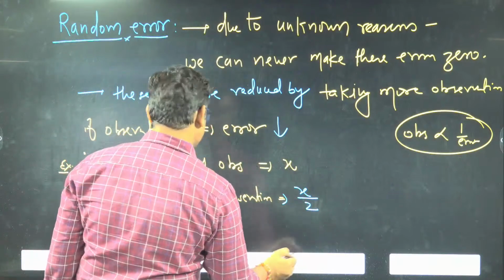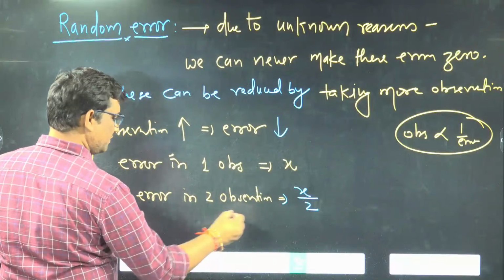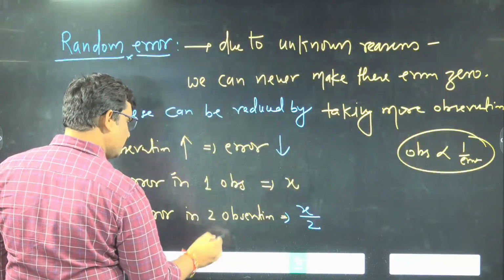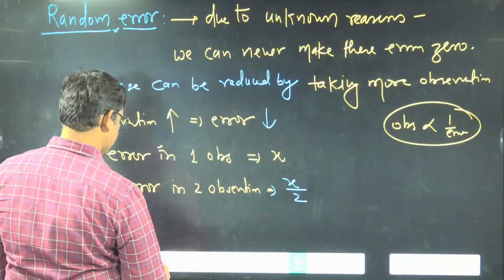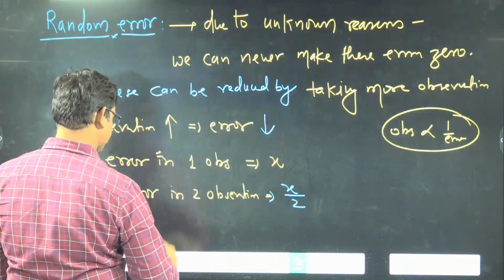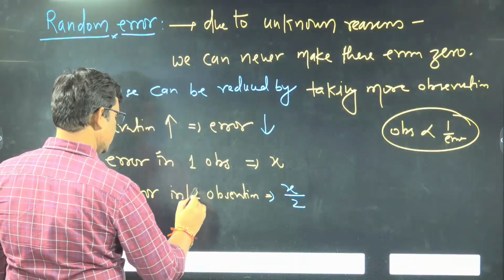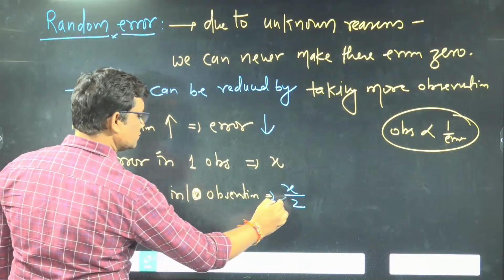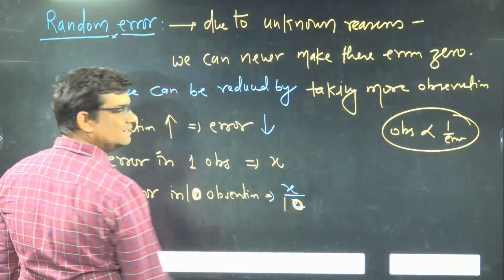Suppose 10 observations. What will you say? 10 observations, then 10 times, so the error will become 1 by 10.